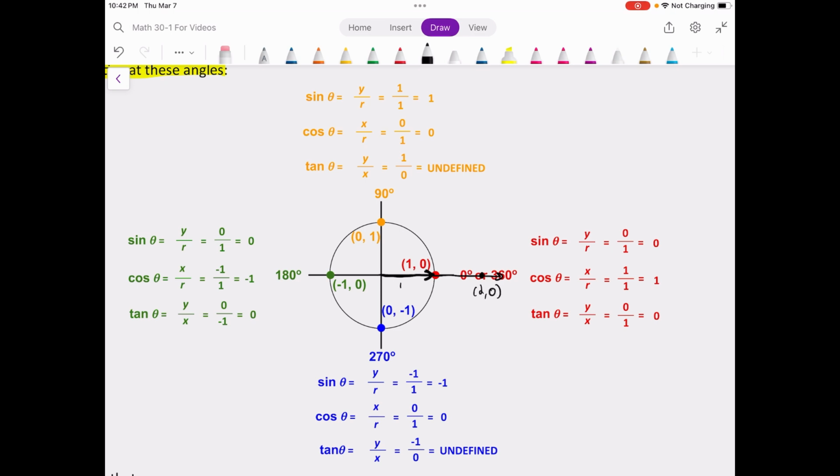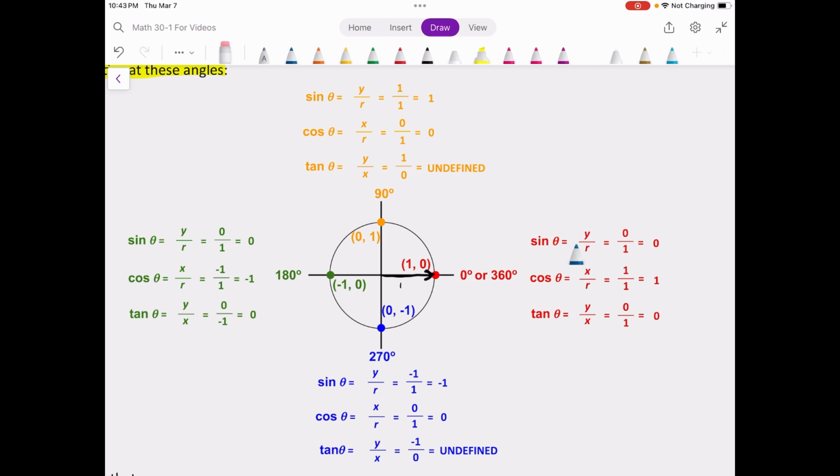Then x is 2 and r is 2, and 2 over 2 is 1. So cos of 0 is 1, because x is r. Like I said, all x, no y. X is the same size as r here on the positive x-axis, which is where our terminal arm is if theta is 0. And then tan 0, well, that's y over x, and y is 0.